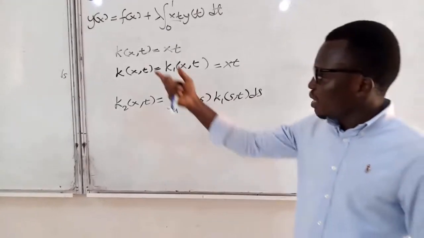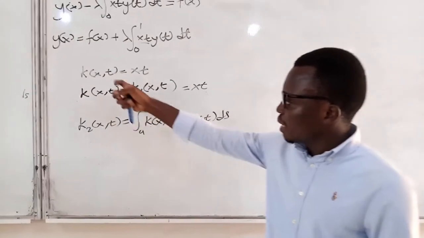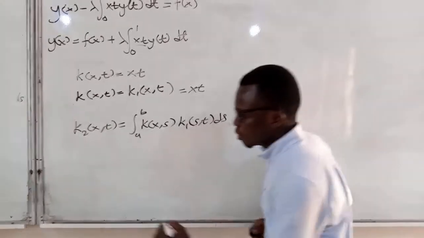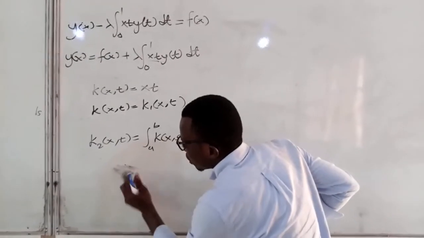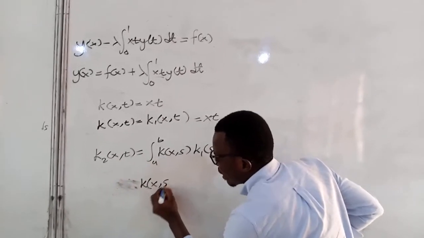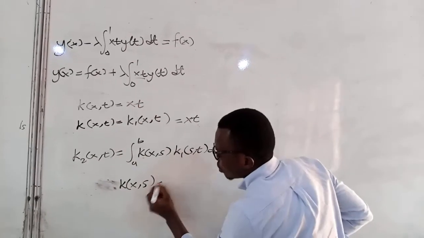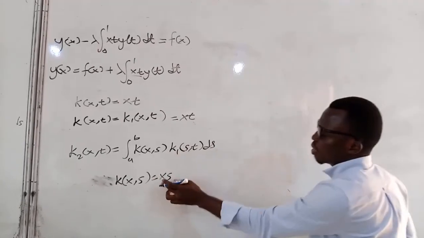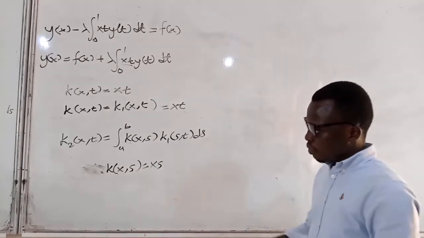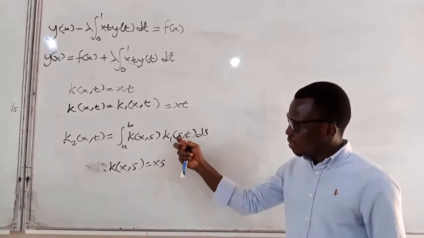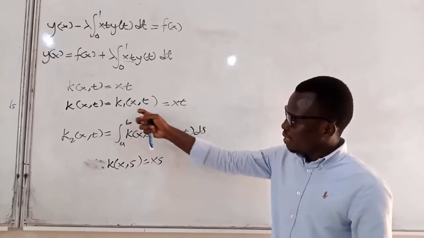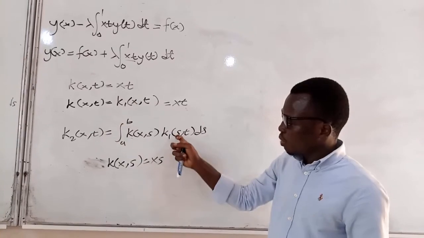Now, in the original kernel, let's interchange the t's to s. We are going to have K of s comma s to be equal to s squared. And we said that K1 is this. So let's change all the t's here to s.